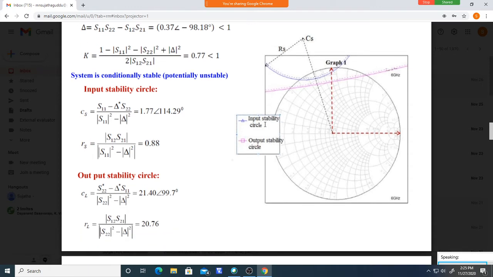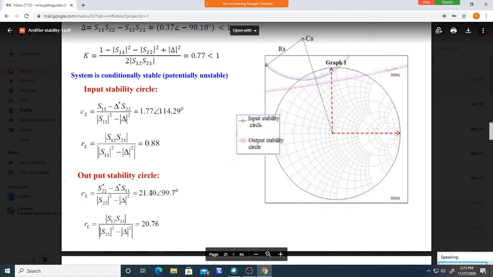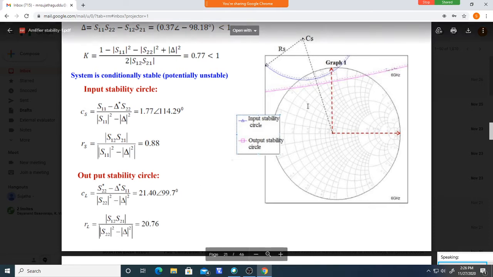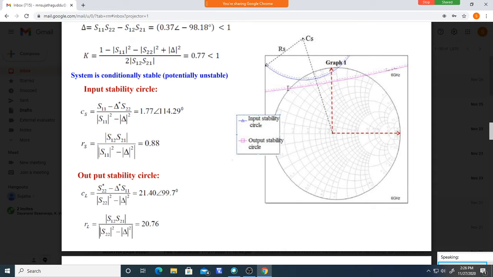Actually, in the examination, we do not give a problem like this, which is not possible to do on paper. We will only give possible types of problems in the examination. But this is a case, for example. Then you see the output stability circle, a part of it is like this.